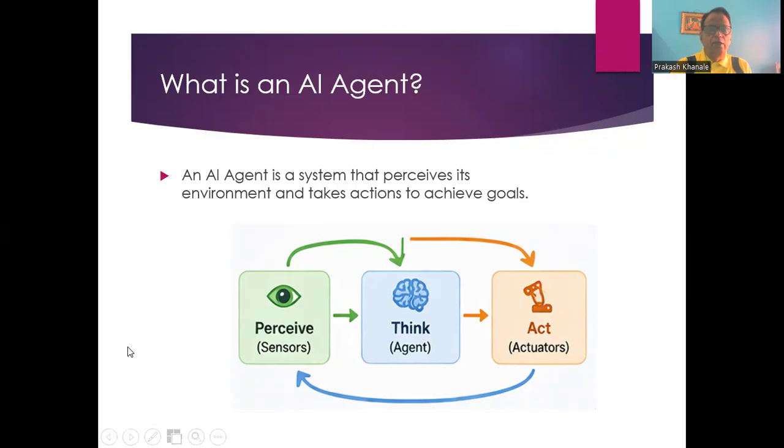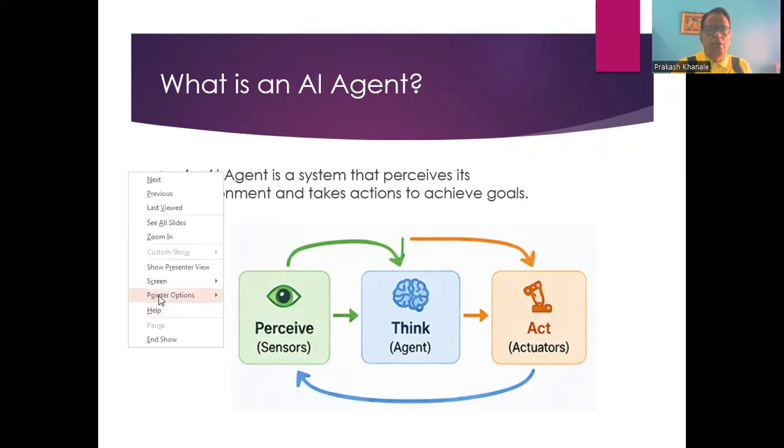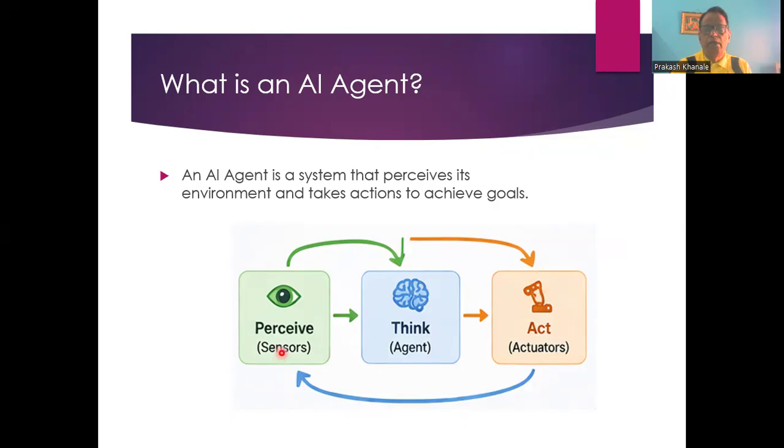Agentic AI you can think of as a system which will perceive some input from its environment, and then it will think over it, and then it will take certain actions in order to achieve a goal. So there are sensors where we can get the input from the environment.